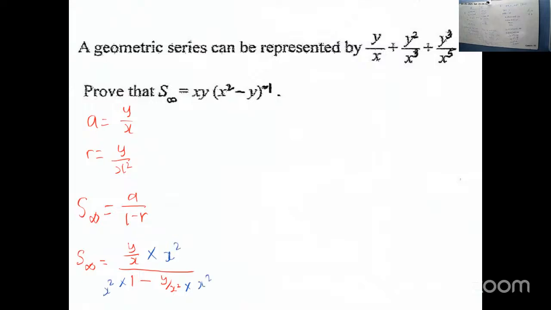What would you get on top? You will get xy on top, correct? And what you'll get here? X squared. And what you'll get here? Y. You see that? So you're multiplying every single term by x squared. All right? And then you're done.